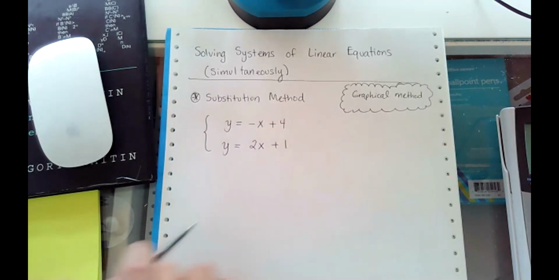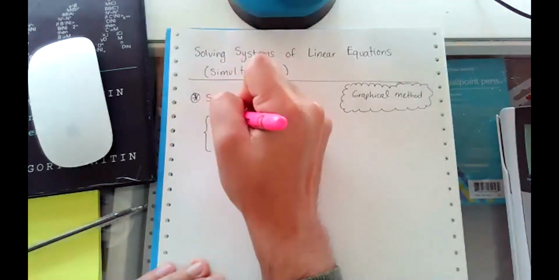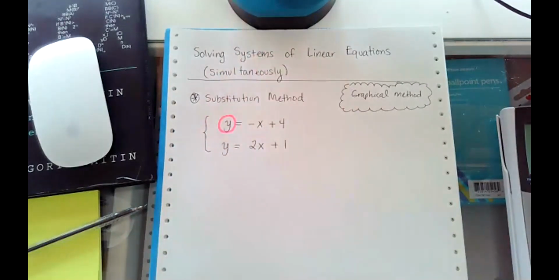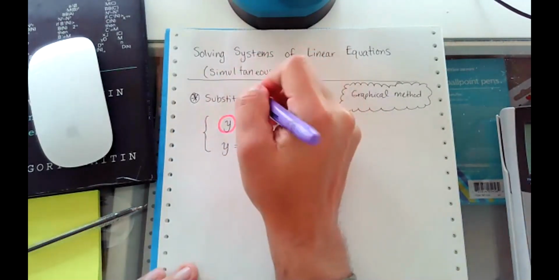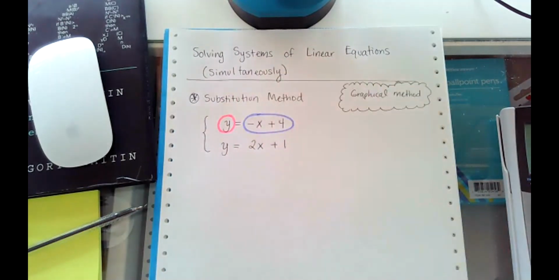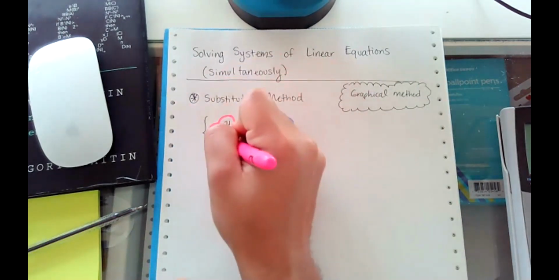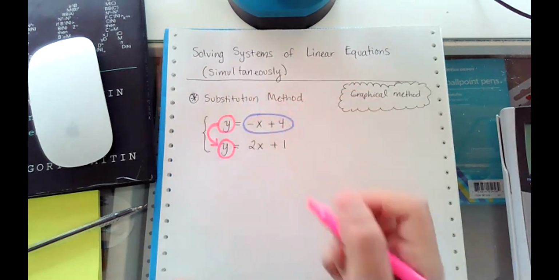So since this equation says y has to be equal to this, what we can do is take this equation and plug it into, or substitute it into, the second equation.